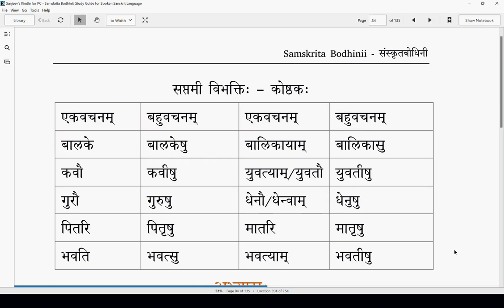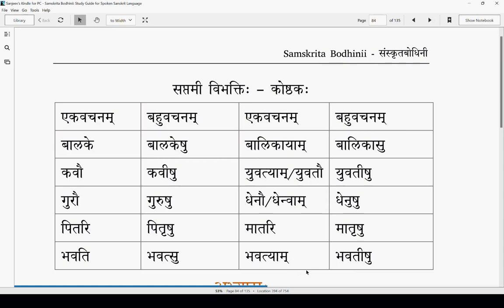Matsyah kutra santi? Matsyah nadau santi. Nadi iti dirgha ikaranta shabda, which becomes like bhavatyam. Nadyam. Okay. Matsyaha nadyam santi. Uttamam.